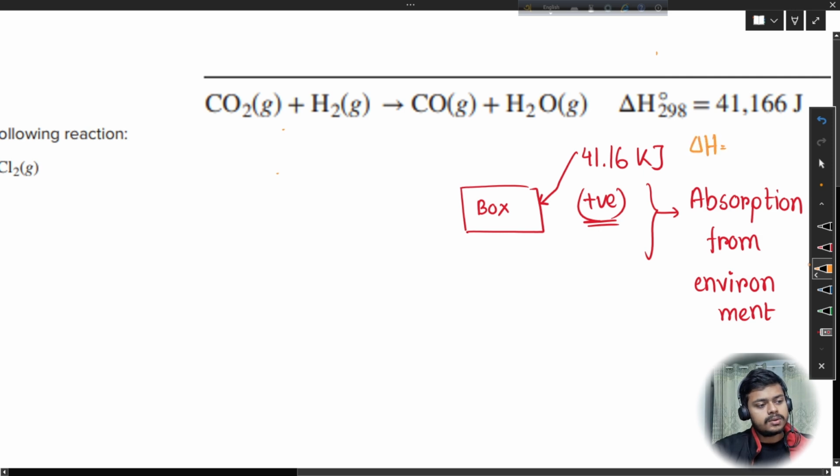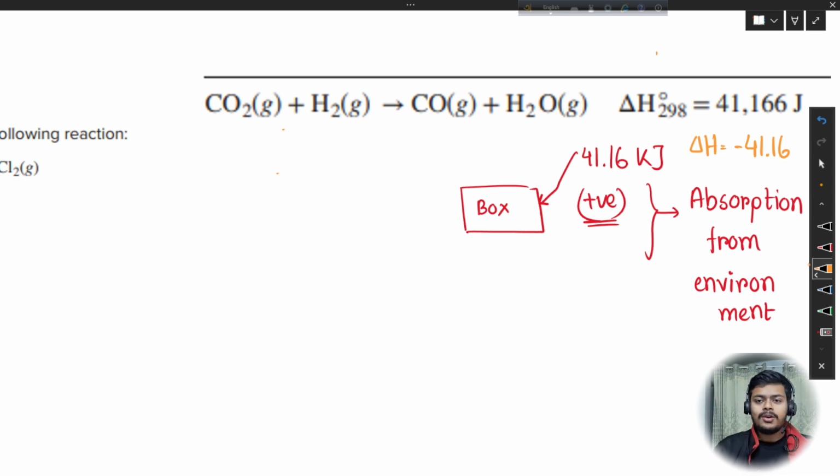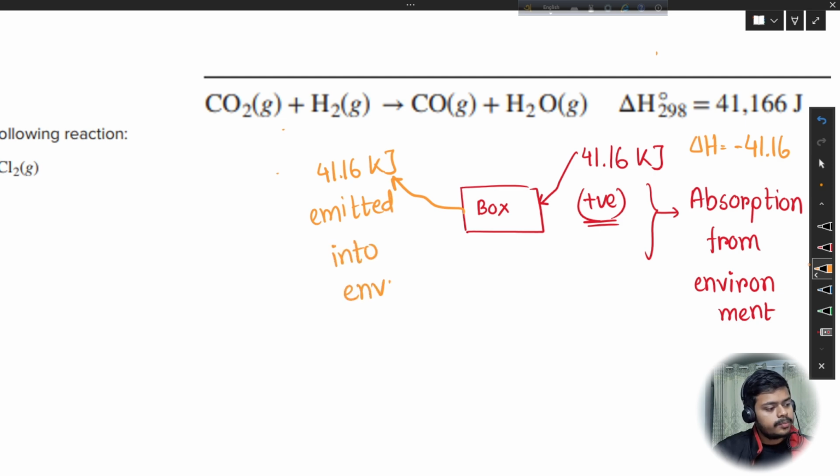If this delta H was negative 41.16 kilojoules, then we would say that after the completion of this chemical reaction, whatever percentage of conversion it may be, 41.16 kilojoules of heat is going to be emitted into the environment. So this is basically the heat of reaction.